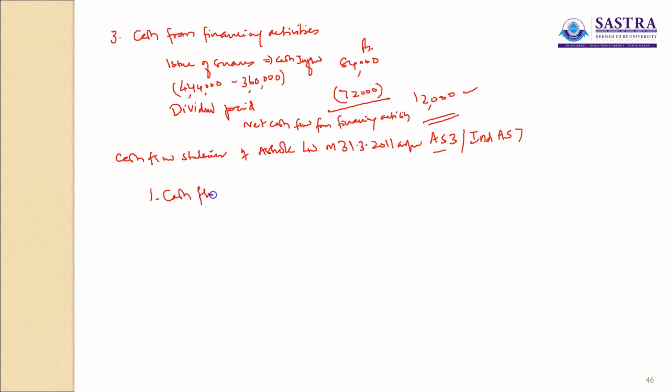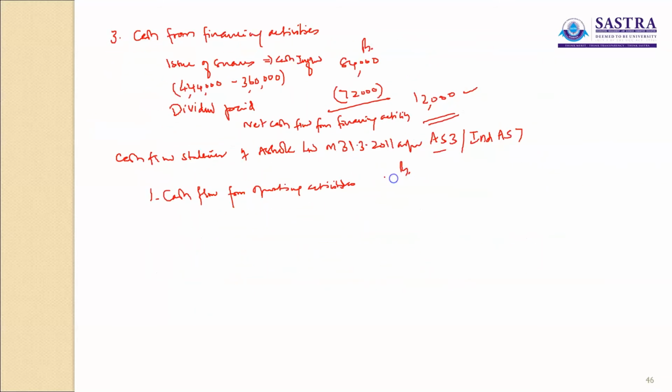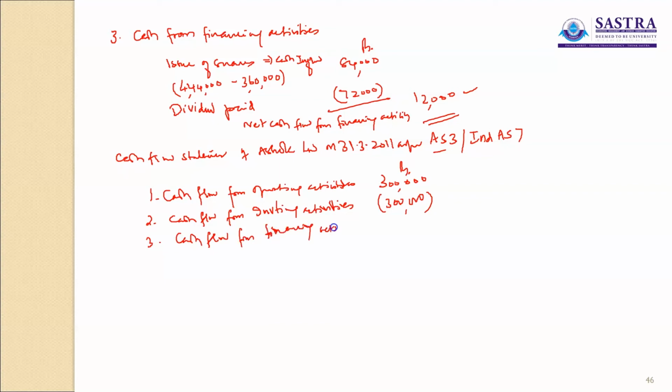Cash flow from operating activities. Based on working number 1, cash flow from operating activities is rupees 3 lakhs. Cash flow from investing activities, 3 lakhs cash outflow, and cash flow from financing activities, rupees 12,000.